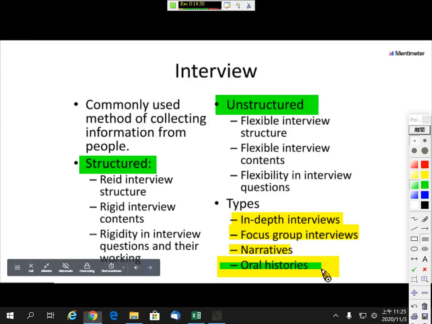So when you say something did happen in the past, it may not be the case. May not be. So how can you verify the statement of the person telling you? How? Well, if the person is so famous, then you have to do some literature review before your interview.